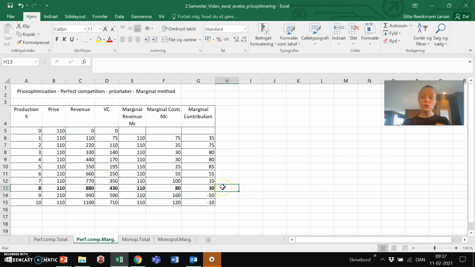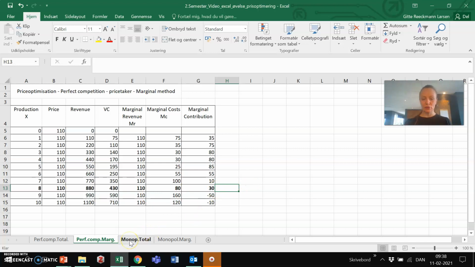As long as we do that, we should continue, in the case of perfect competition, to add products to the market or to produce more and take the extra sales. We cannot change price within perfect competition because the market has set the price. So this is how we use the marginal method. This was example perfect competition.